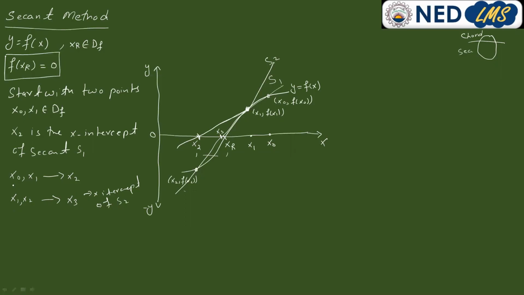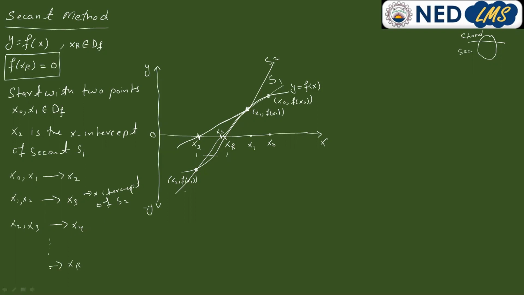So I discard x1, and whatever I have is x2, x3, and using x2, x3, I have to find another point. Obviously, that would be x4. I'm not drawing it, but you have got the idea. So I have to use x2 and this point x3, and draw a line there. In this way, if we continue, ultimately this method guarantees that you will reach very close to the root.